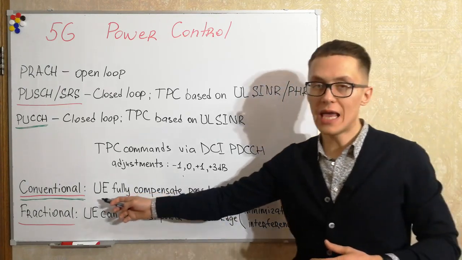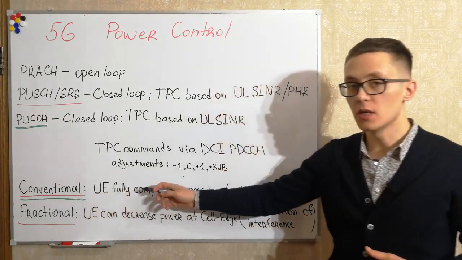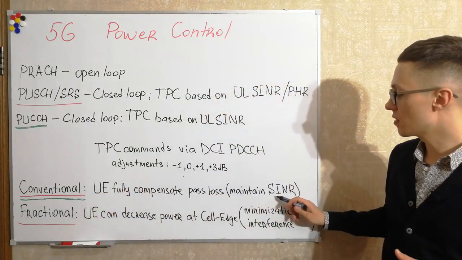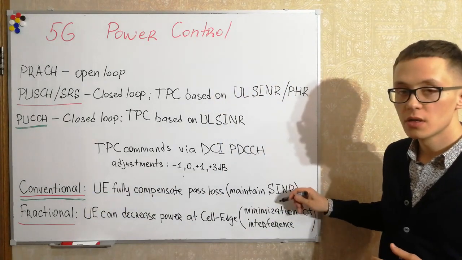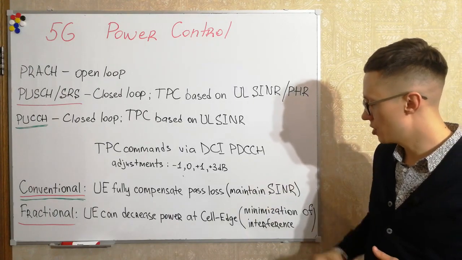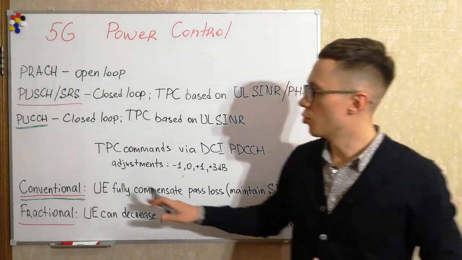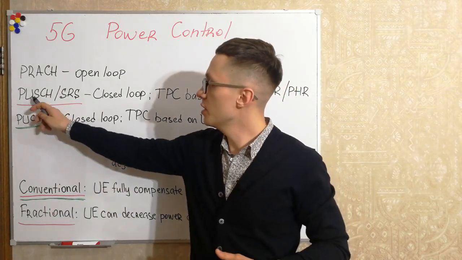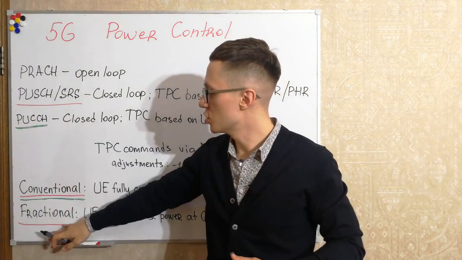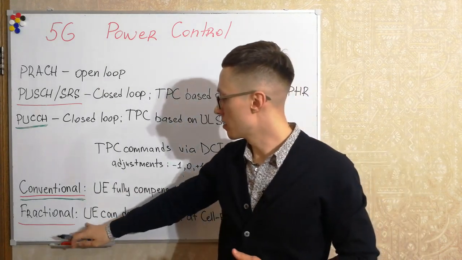So the main aim in such a configuration is to maintain the required signal plus interference plus noise ratio. Fractional power control can be supported by PUSCH for uplink channels.